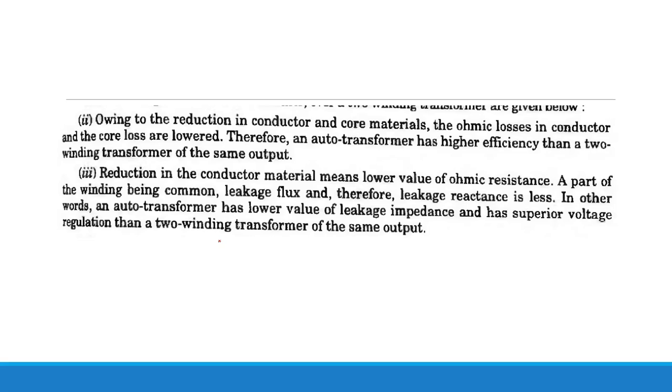This is the ultimate result of the reduction in conductor material and winding. Due to that, the leakage impedance value is lowering. When there is a lower value of leakage impedance, you have better or superior voltage regulation. Okay, so these are the advantages of auto transformer.